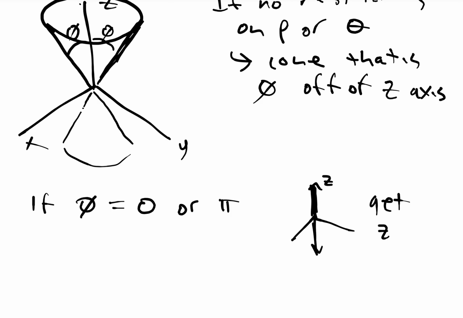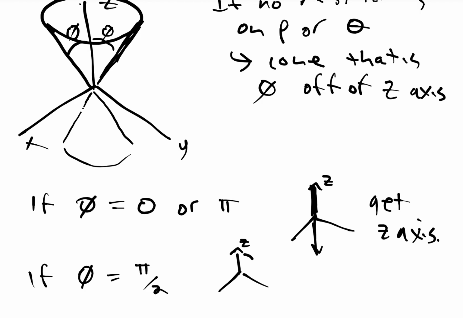Similar argument for if you choose phi is pi. The other special case that you maybe have to worry about is if you end up with pi over 2. Well, the locations where I'm pi over 2 radians off of the z-axis basically are going to put me on the xy plane.